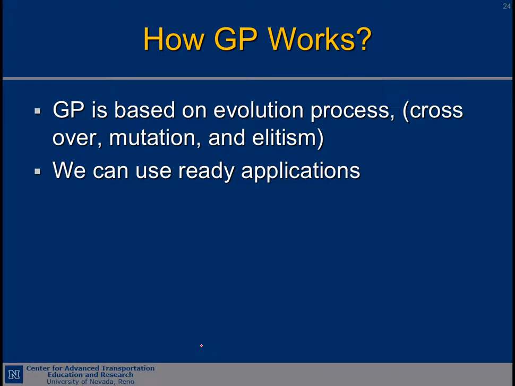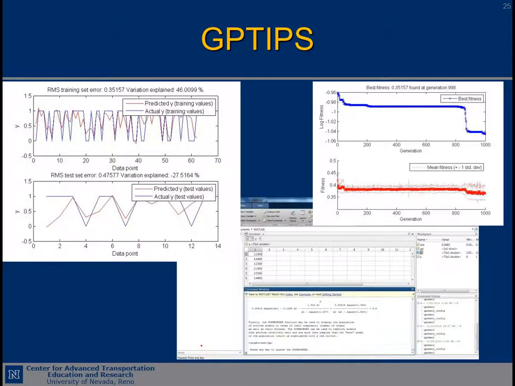GP is based on an evolution process. I mean, when using that method, you need to do crossover, mutation, and other operators of evolutionary systems. But we can use ready applications. I use GPTIPS. That is easy to use.